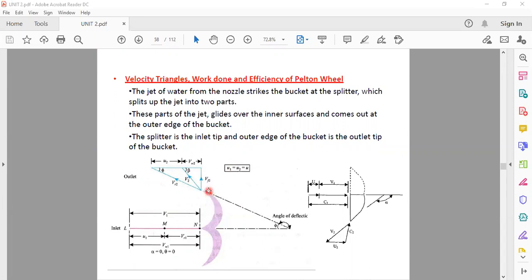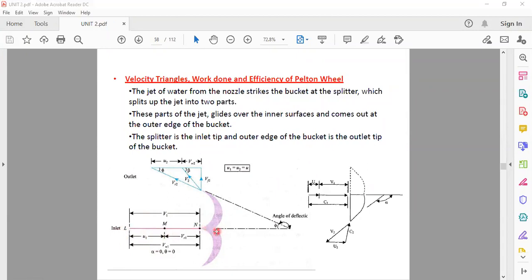Water impacting on this splitter, then water moving in that direction and this direction. So here alpha is 0, and theta is 0. That's why your inlet triangle converts into a single line.